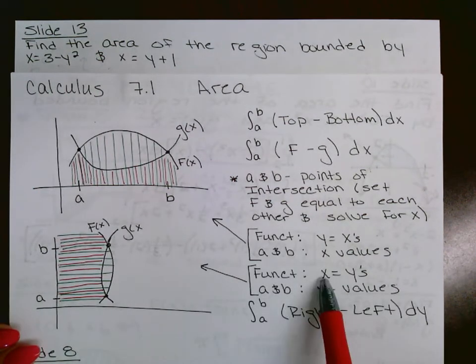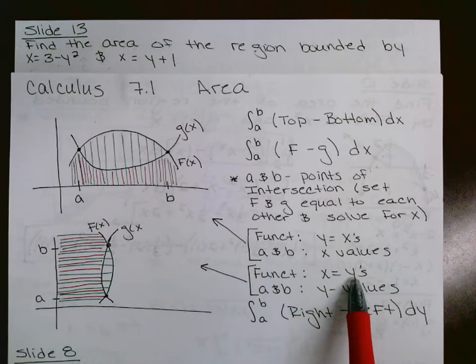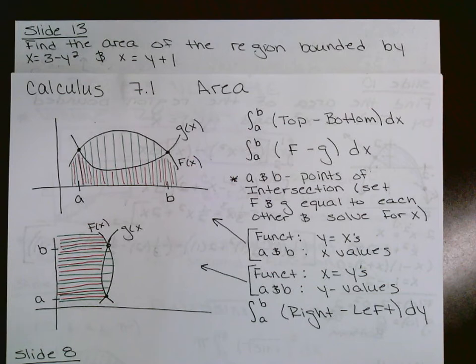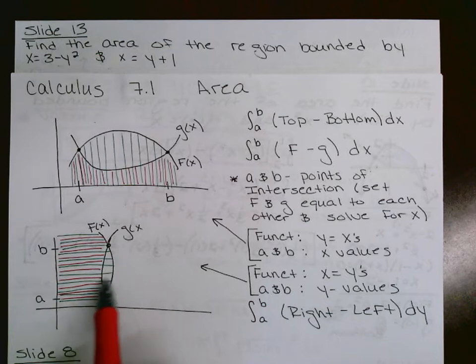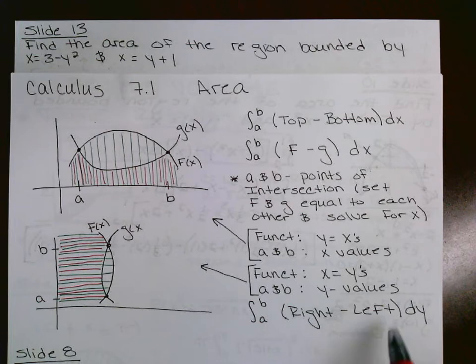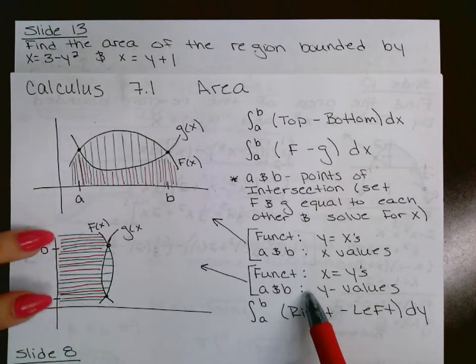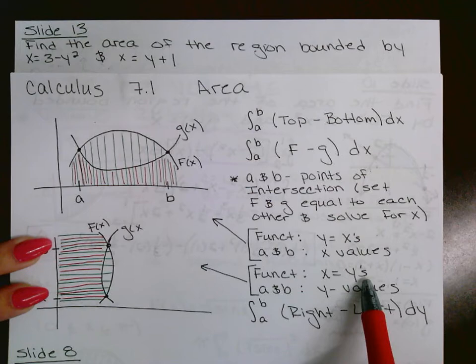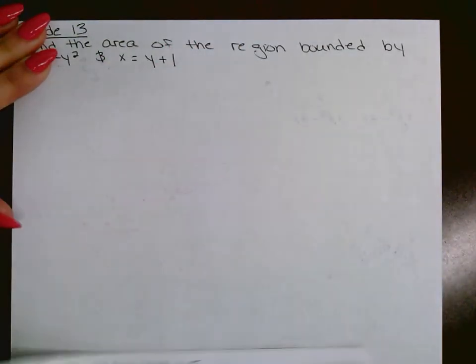So when we have x equals y values and the function comes out sideways, where you can clearly see a right and a left, that's when we're going to use this second version. When we set them equal to each other to find our points of intersection, A and B are going to be y values now, and my functions are going to have x equals y values.